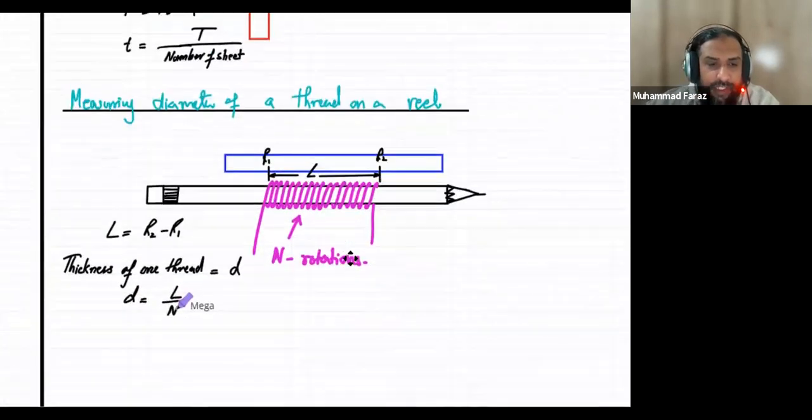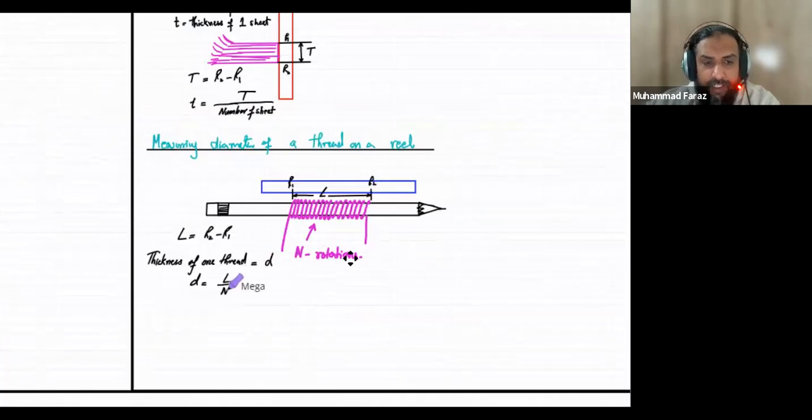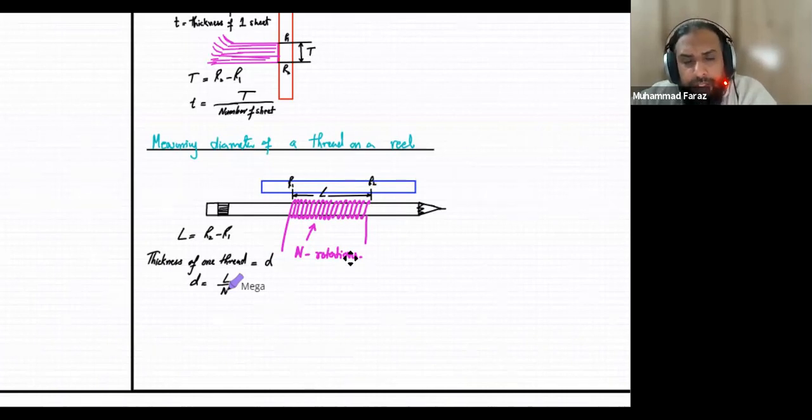And that is a very easy way of finding the diameter of thread. Do you grasp the main technique over there? Because we are measuring things that are very, very small. If we start measuring them directly with a meter rule just one time, that will be a very small thickness and we will not be getting any reading at all.